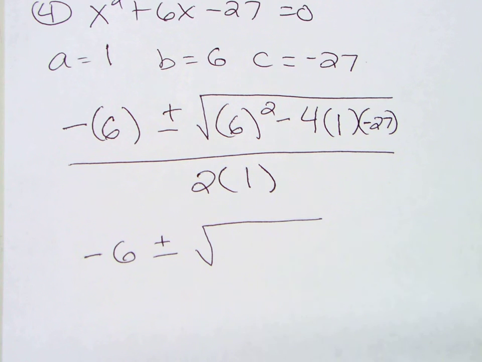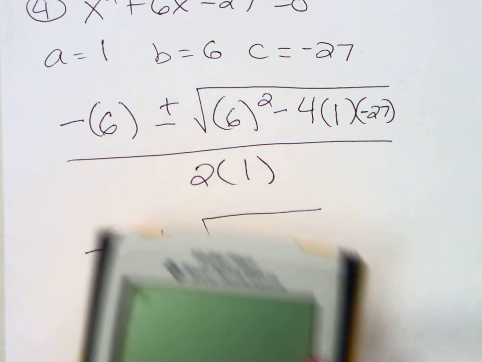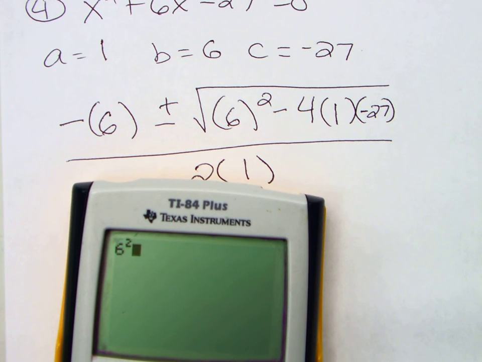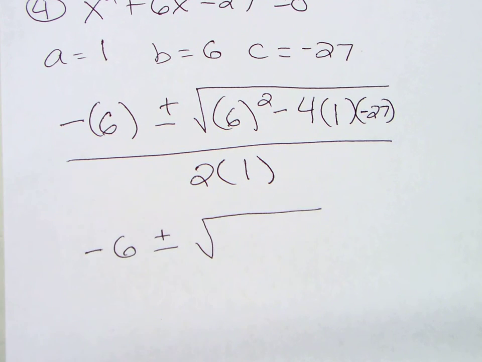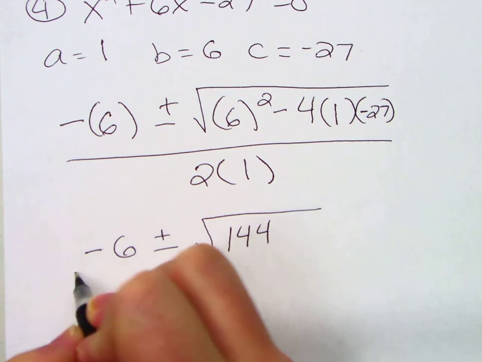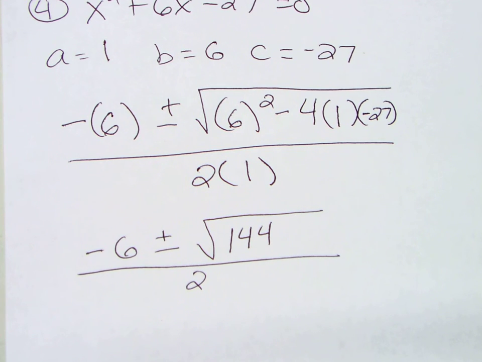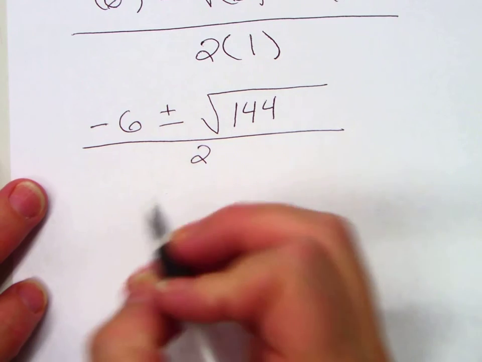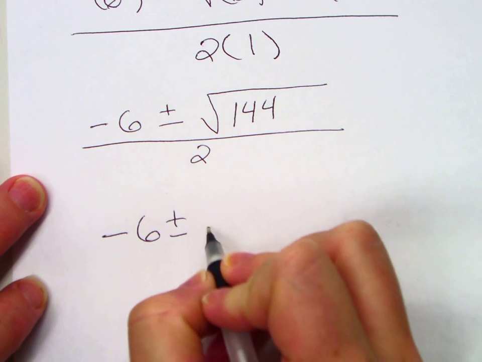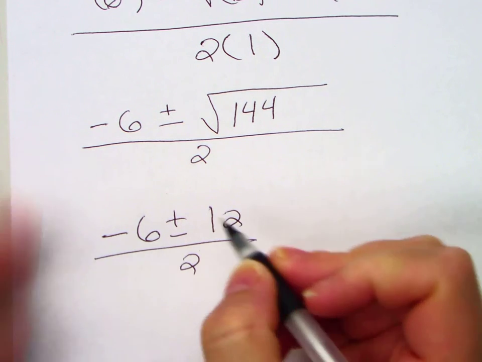Don't put the square root in the calculator. Just put everything else in the calculator except the square root. So on the inside, I'm going to do 6 squared minus 4ac. Enter. 144. All over 2 times 1 is 2. Now, do you know the square root of 144? Hopefully you do. That's 12. Negative 6 plus or minus 12 all over 2.